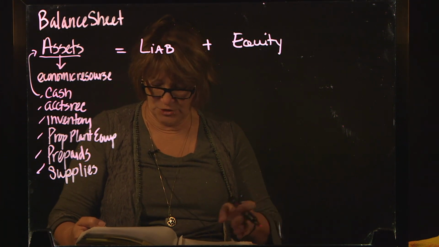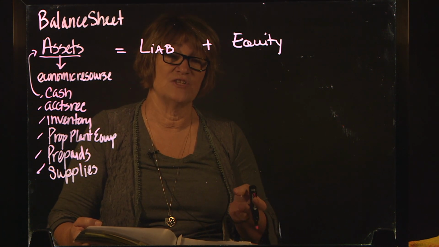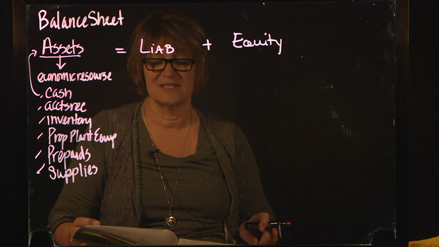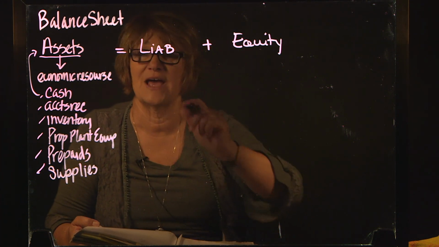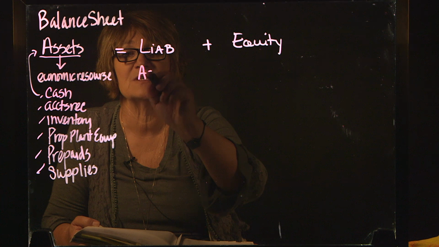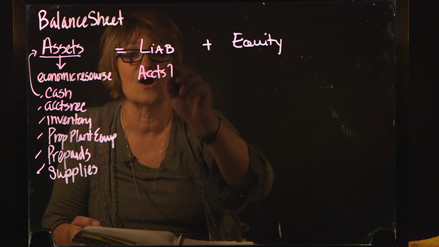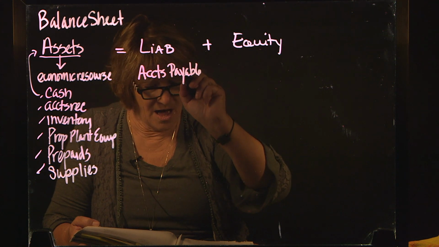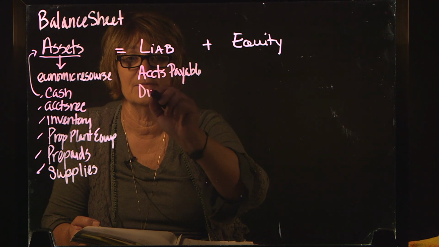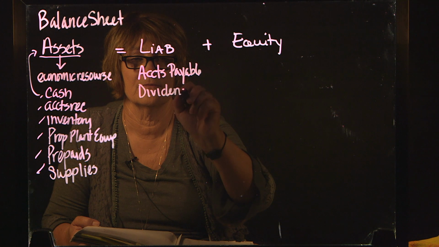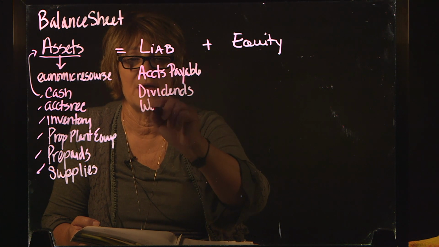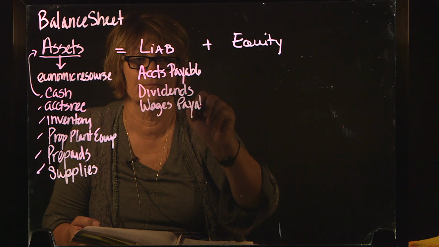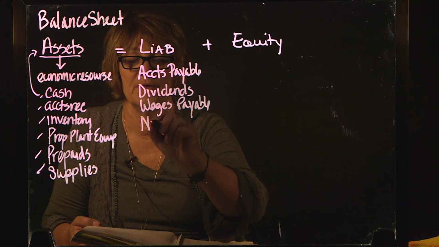If you look on page 389, please note that page of the chart of accounts doesn't have a number on it. Don't ask me why. Examples of liabilities are accounts payable, dividends payable, wages payable, notes payable.